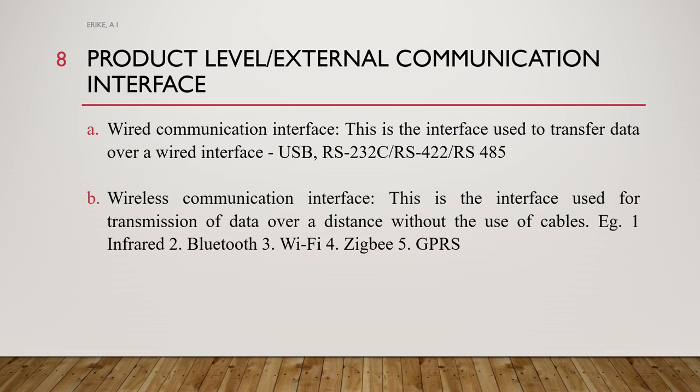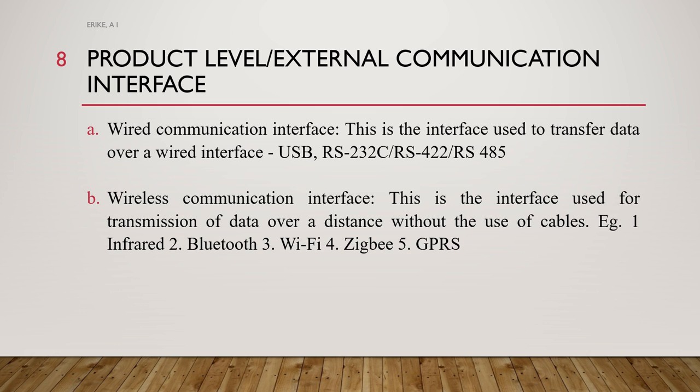We'll be considering two approaches to communication interfaces. One is wired communication interfaces, which have to do with connections with cables. The other is interfacing our embedded system with the external world wirelessly.